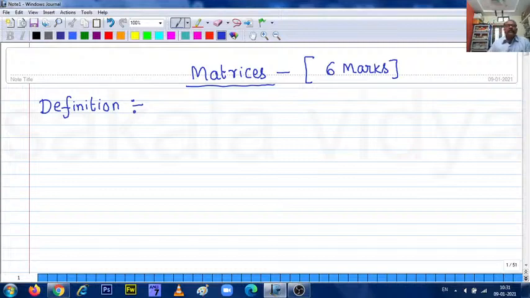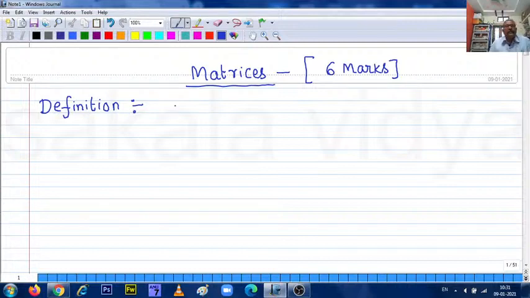Actually, the matrix is an arrangement of numbers. The numbers are arranged in a rectangular array, and the arrangement is called a matrix. The numbers may be real numbers or complex numbers. If real or complex numbers are arranged in a rectangular array, then that is called a matrix.